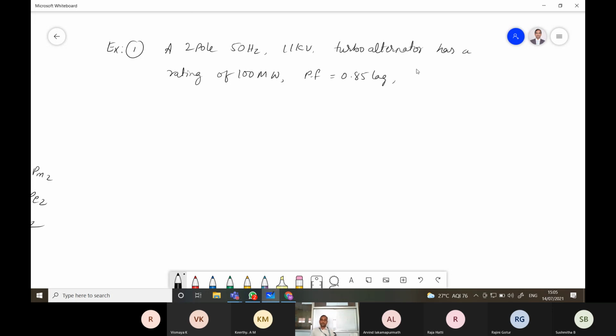The rotor has a moment of inertia of 10,000 kg meter square. Calculate H and M.